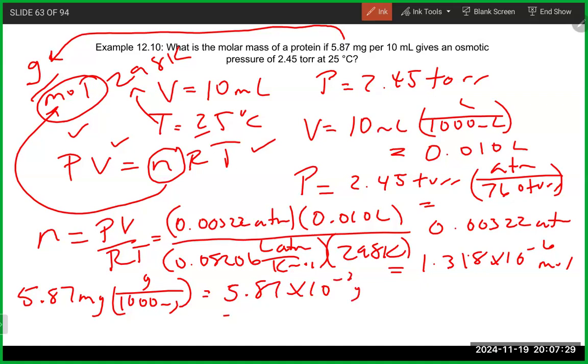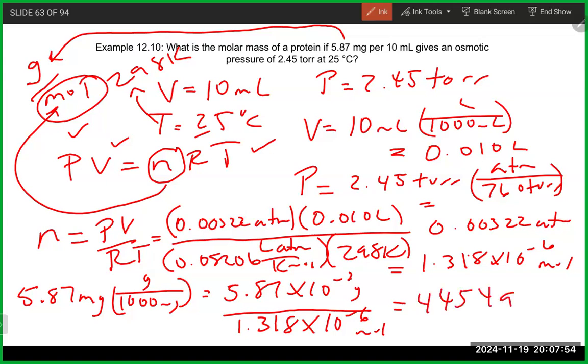I can now divide by my moles of 1.318 times 10 to the minus 6 moles. That should give me the molar mass for this particular protein, which is a fairly big number, about 4454 grams per mole.